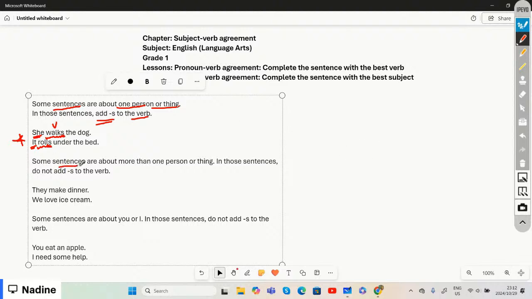It refers to more than one person or more than one thing doing something. It can be two or more people, two or more things doing things. Within those sentences where there's more than one person or more than one thing doing an action, we do not add an S to the verb.